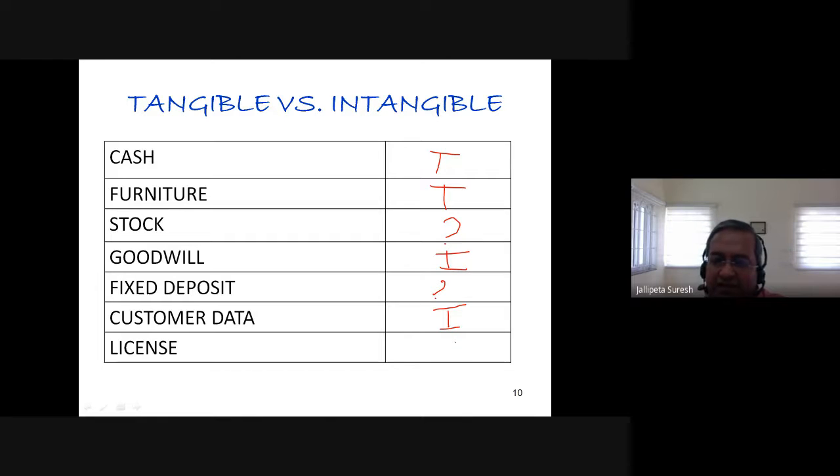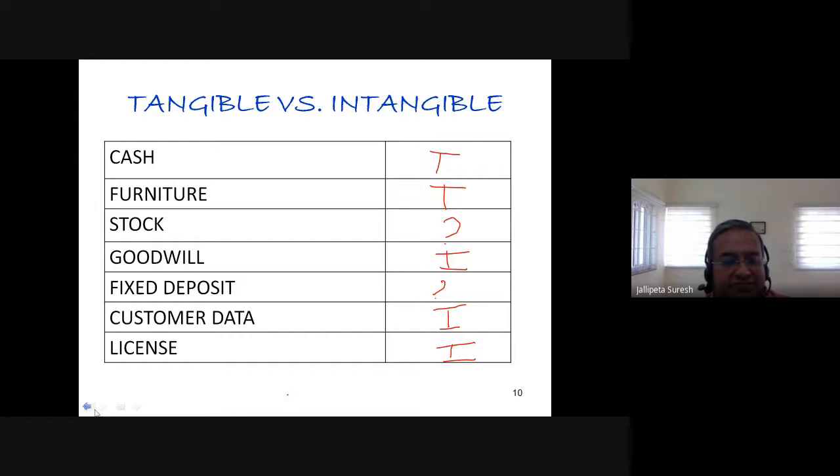A license is nothing but a document, and per se it may not have any monetary value. Monetary value will arise when the licensee sells or provides services for a consideration, and some consideration accrues to the licensor. Therefore, these license agreements are generally considered intangible assets, because they are just documents and physically they may not have that value. Okay.